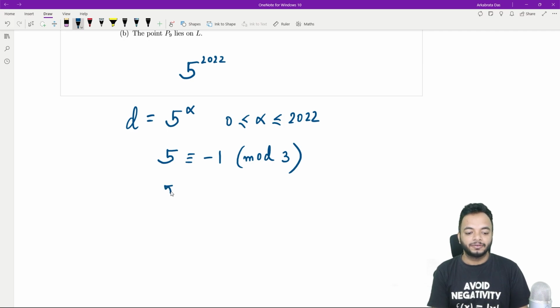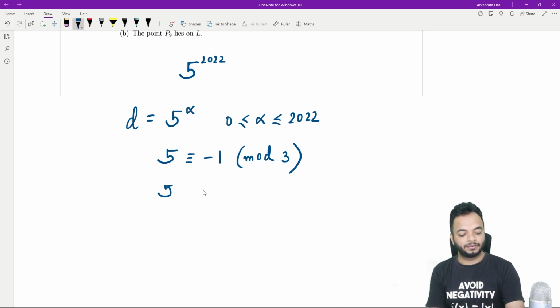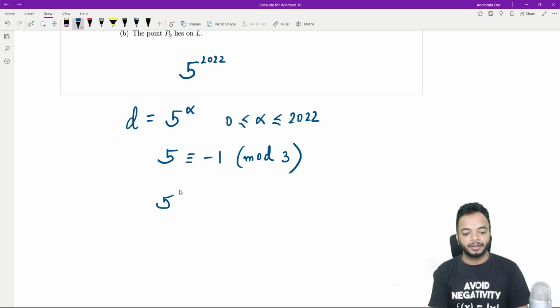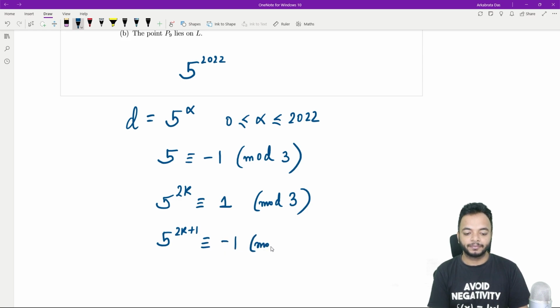So 5 to the power any even number 2k would be congruent to 1 modulo 3, and 5 to the power 2k plus 1 would be congruent to minus 1 modulo 3. As simple as that. So these are the divisors of the form 3k plus 1, and these are the divisors of the form 3k plus 2.